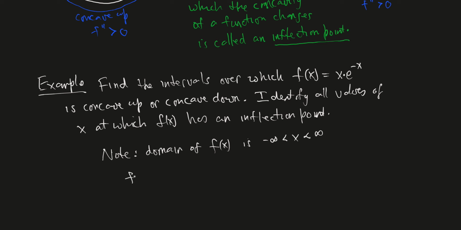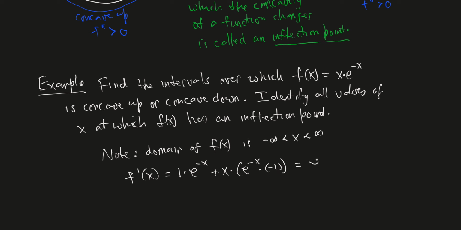So let's start by finding our derivatives. Our first derivative requires the product rule. The derivative of the first is 1 times the second plus the first times the derivative of the second, and the derivative of e to the negative x is e to the negative x, and then our chain rule says we have to multiply by that negative 1.